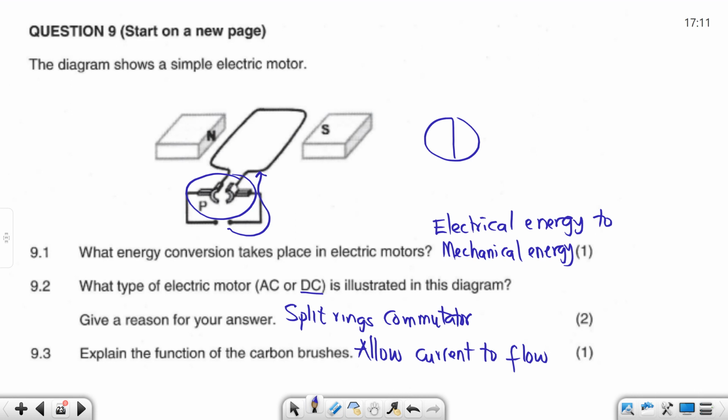Motors, from S to N. It's fields that move from north to south. It conducts electricity from the external circuit to the coil.